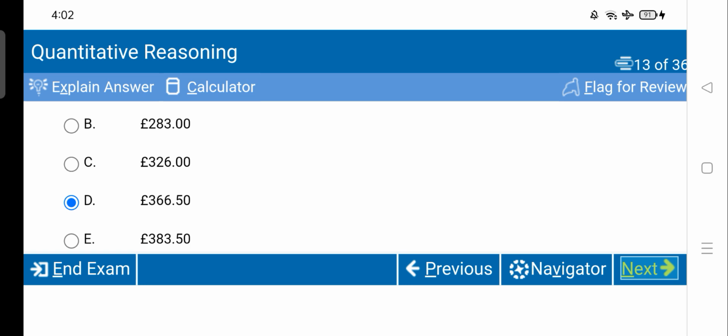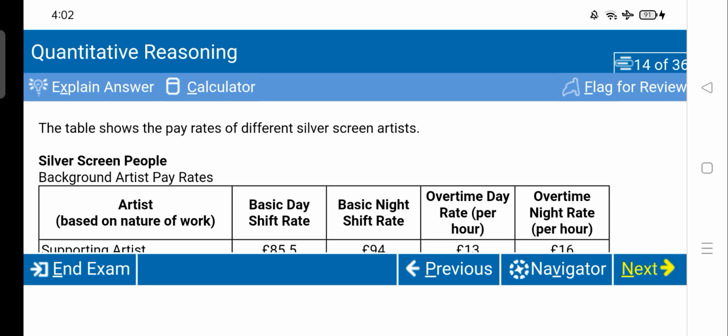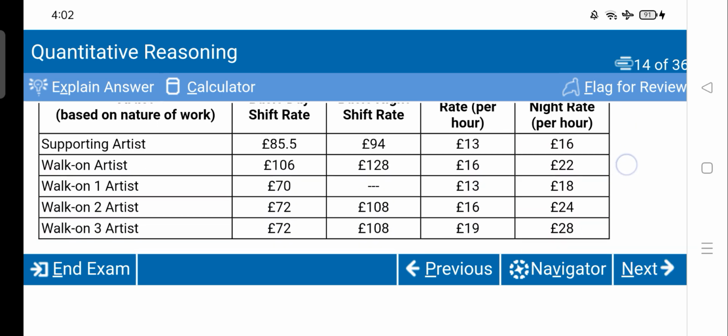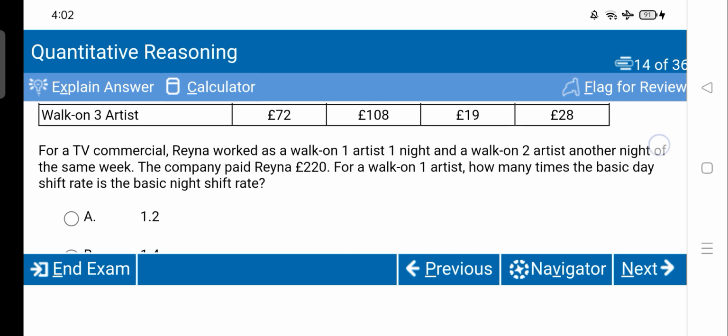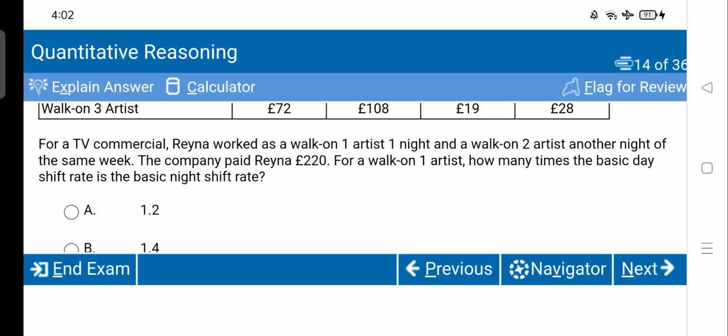Next question, we have question number 14. Again with the same statement and the same table, same amounts. But the question is: for a TV commercial, Reina worked as a walk on one artist one night and a walk on two artist another night of the same week.